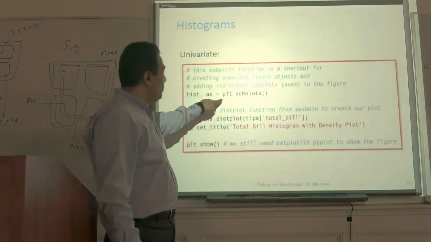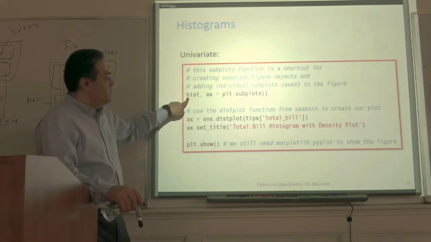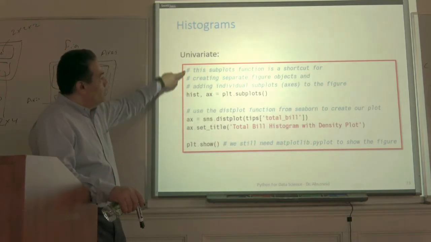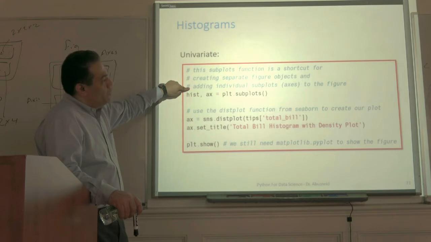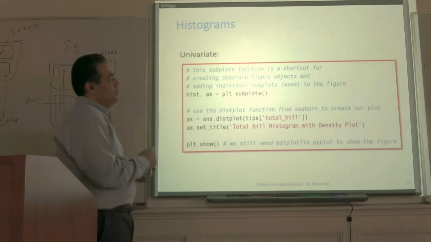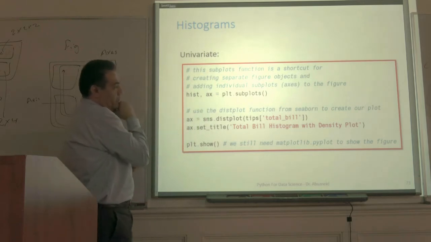So when you say, for example, PLT subplots, this is the axis and this is the figure. So this subplots function is a shortcut for creating separate figure object and adding individual subplot axes to the figure. Okay? So this is the axis, this is the plot, right?